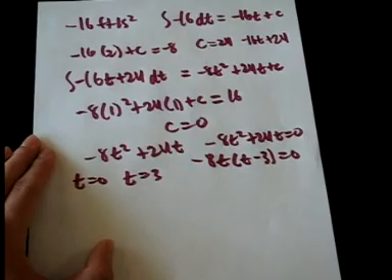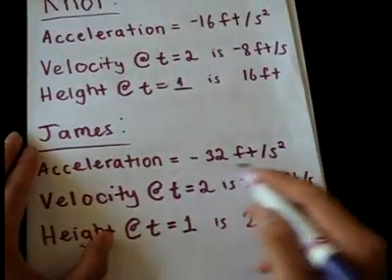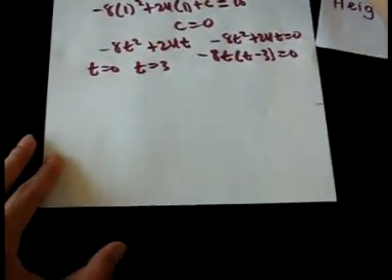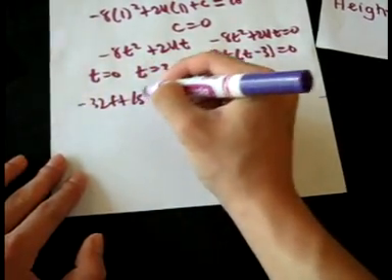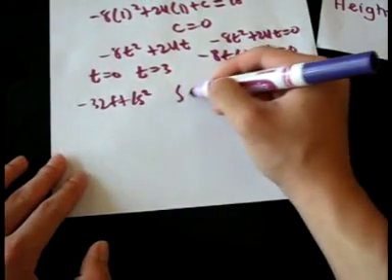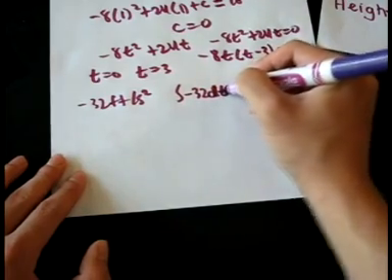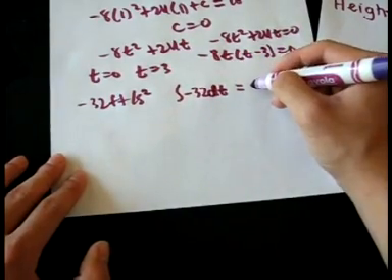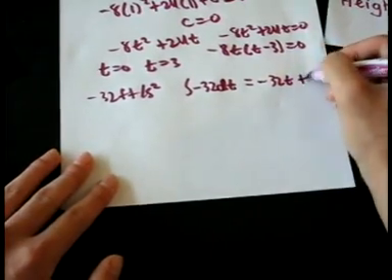Let's see how long James's rocket stayed in the air. Acceleration is given as negative 32 feet per second squared. To get the velocity, you just take the antiderivative of that, which would equal negative 32t plus c.